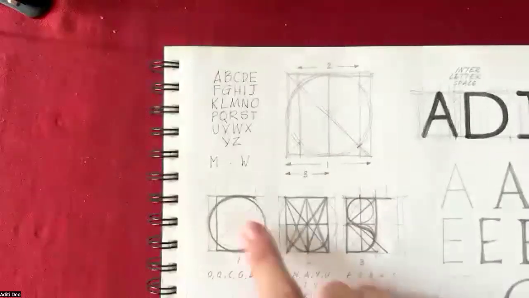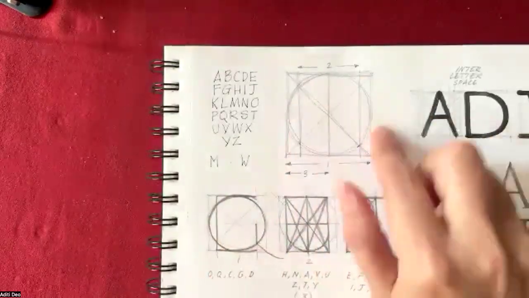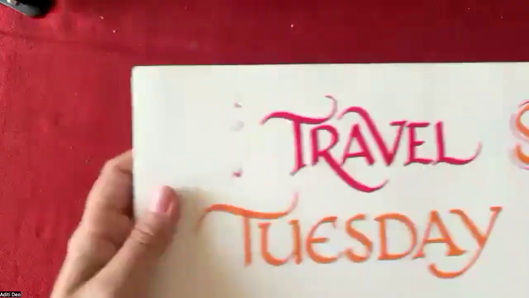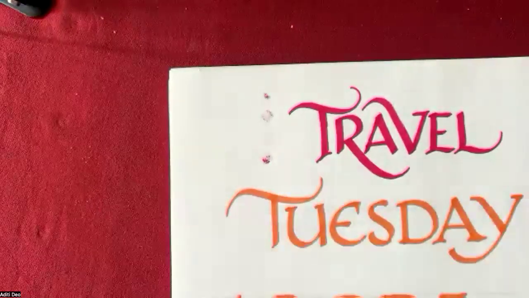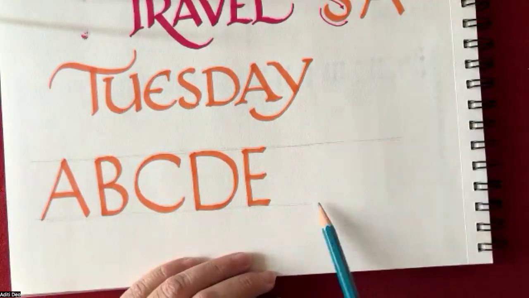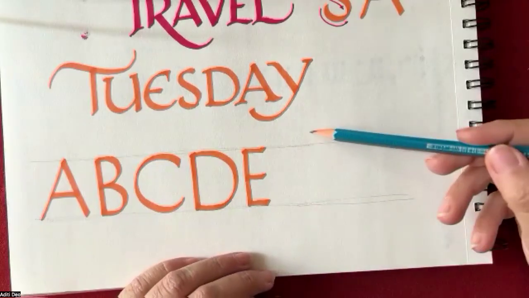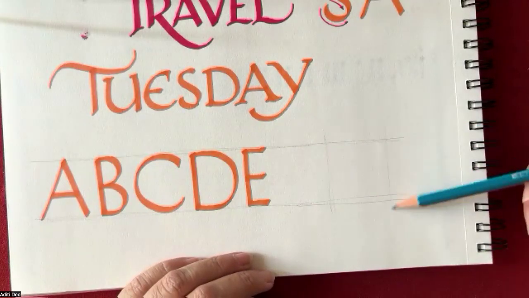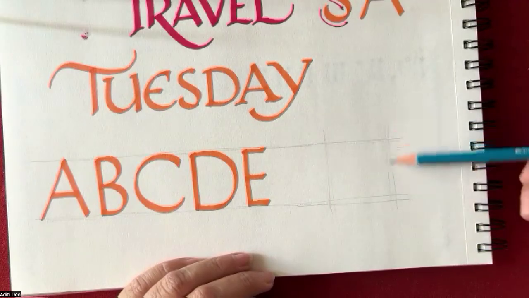So see this? Yeah, so you remember this proportion that we have? If you were to recreate that, then you will get the proportion of the C. It is much wider than we think it should be, because in our normal lettering or handwriting, we don't tend to make things that wide.